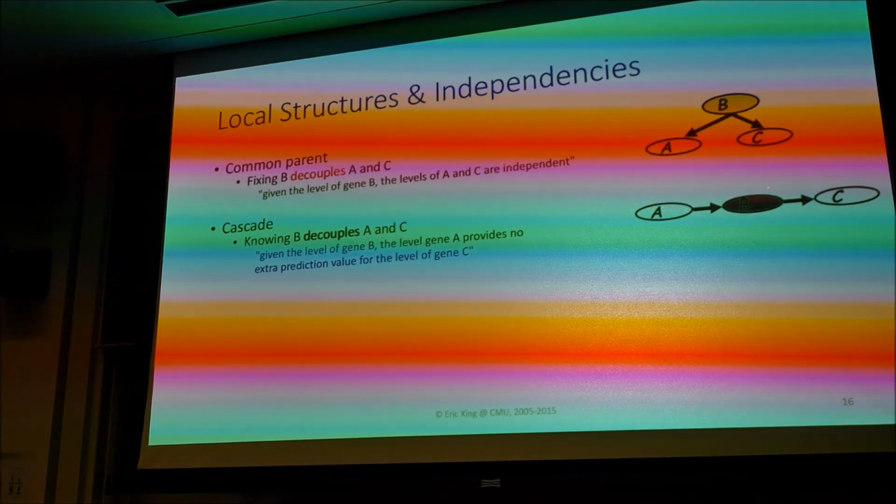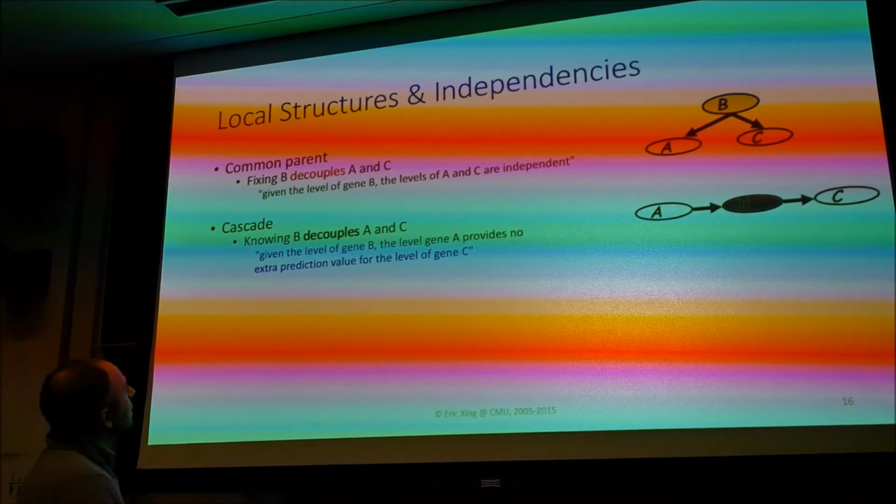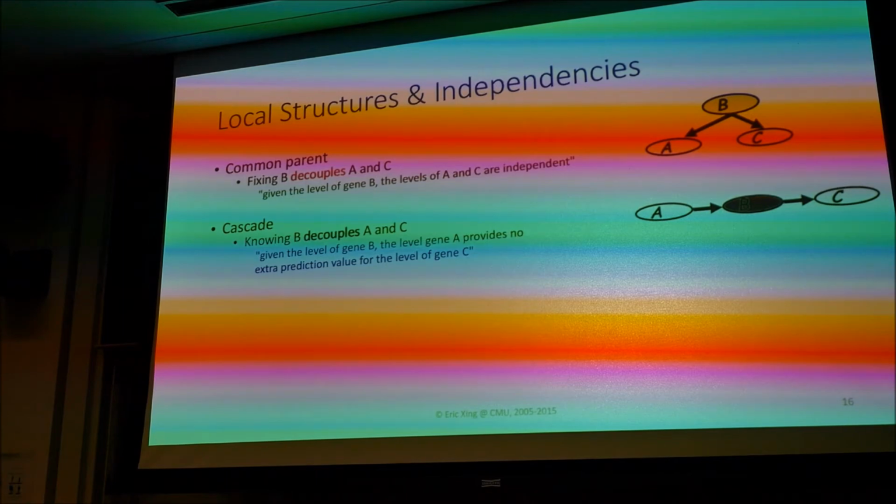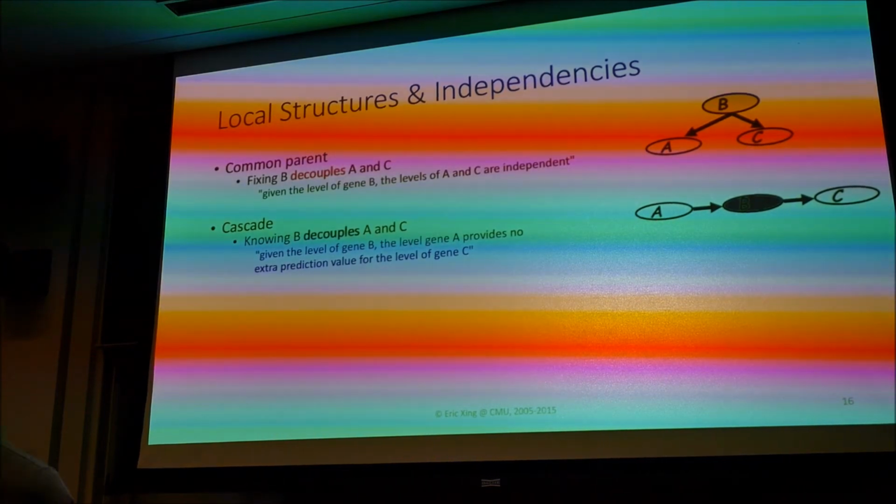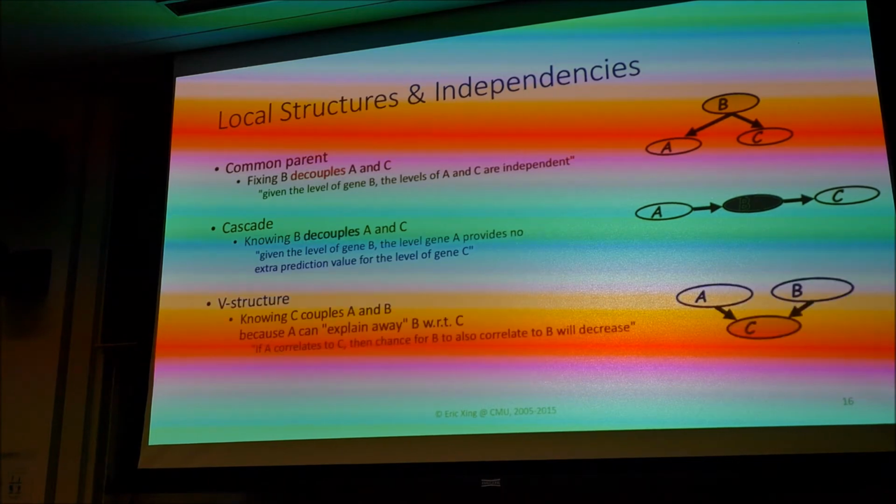If the one in the middle does not happen, it doesn't matter what happened before, that stops the event. So that is called a cascade, that basically knowing B decouples what you observe in A and C. This is another motif that you see in Bayesian networks.